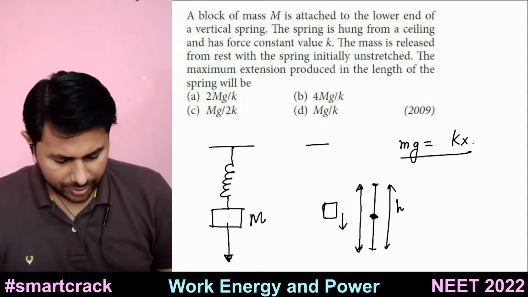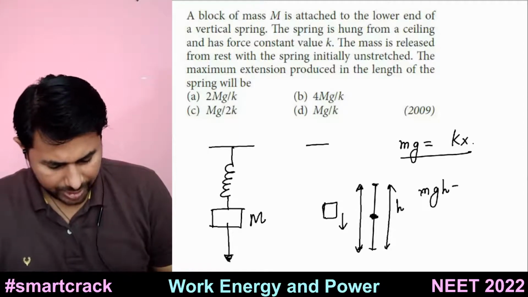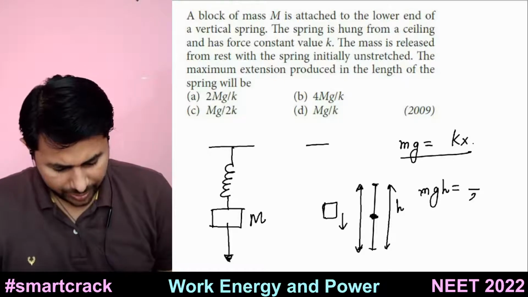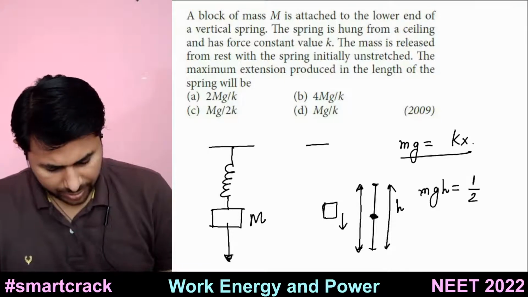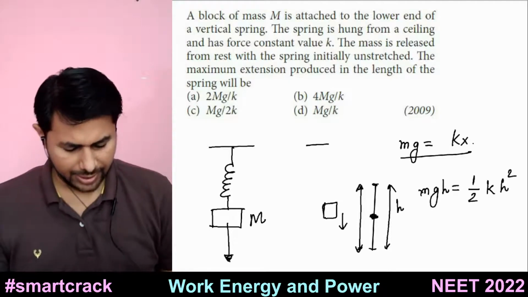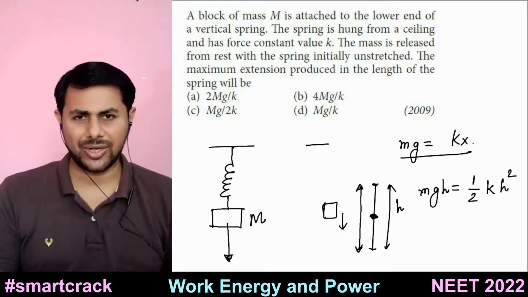So mgh will be equal to half of k into h square, because that much is the elongation.